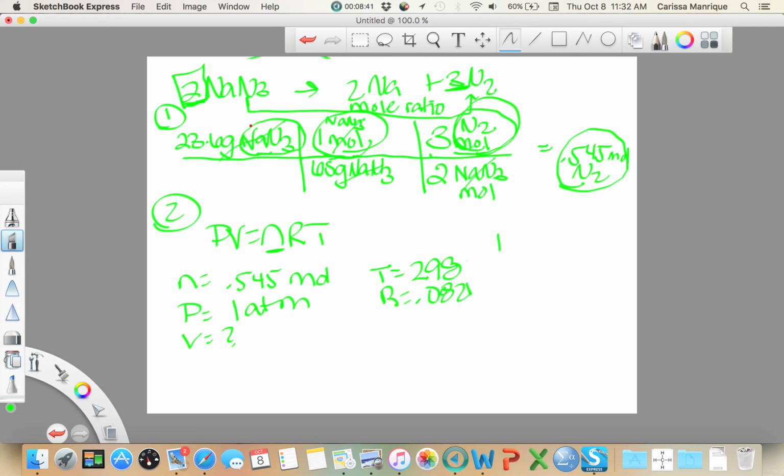So pressure is 1, volume we don't know, n is 0.545, R is 0.0821, and temperature 298. So multiply all these together and then divide by 1, and you'll get your volume. What I get is 13.2 liters.